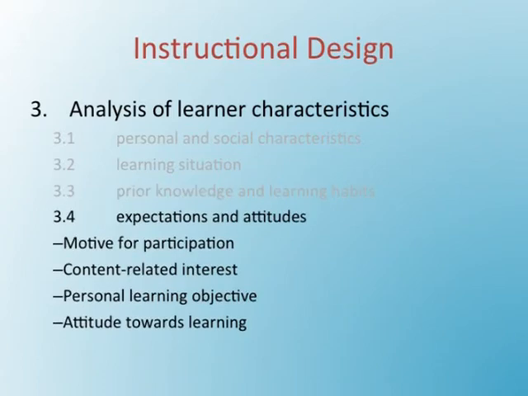Okay, so expectations and attitude. So motive for participation, content-related interest, personal learning objective, attitude towards learning. So these are again not really different from what we usually encounter or what we usually do in face-to-face. Actually, we're still far from the difference. So I will try to look into this because this is not new to you.